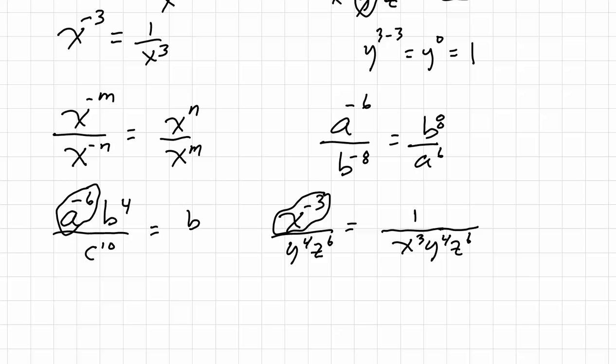So that becomes b to the 4th, all over a to the 6th, c to the 10th. If we had a base that was a number, for instance 2 to the minus 3, that'll be 1 over 2 to the 3rd, and we can simplify that as 1/8.